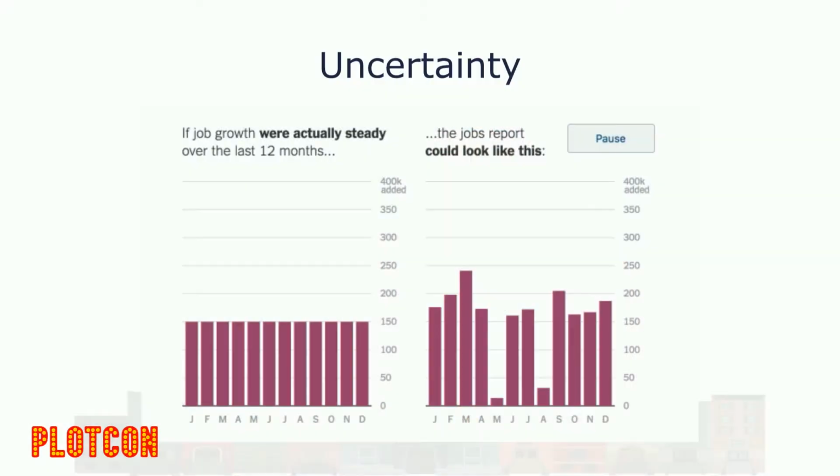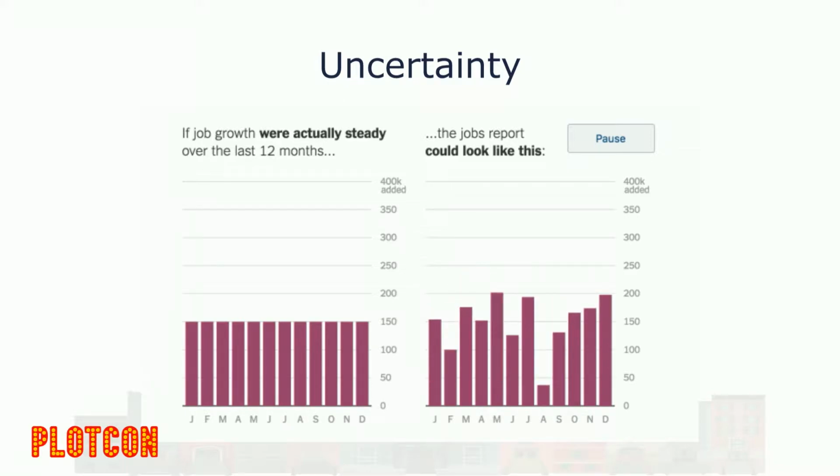This is something not directly uncertainty, but dealing with how different data can take different forms. This is a piece from the New York Times covering the jobs report, which is a monthly report that essentially tries to convey the state of employment and the economy in some ways.